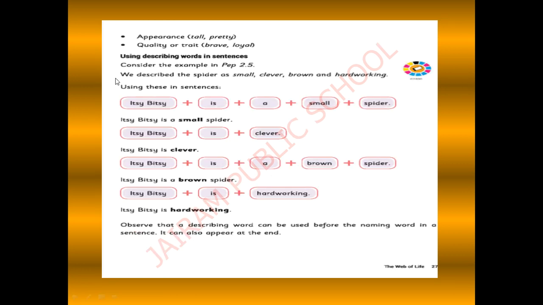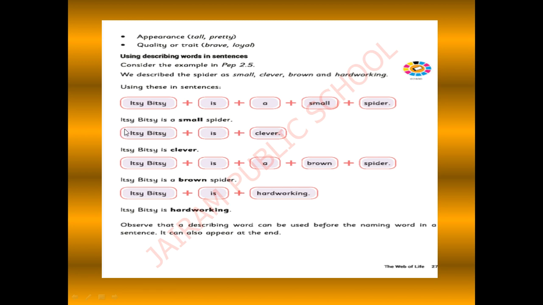Next, see here. Here are some examples. We're going to read this. Using describing words in sentences. Already they described the spider as small, clever, brown and hardworking, right? In sentences, how will they describe?